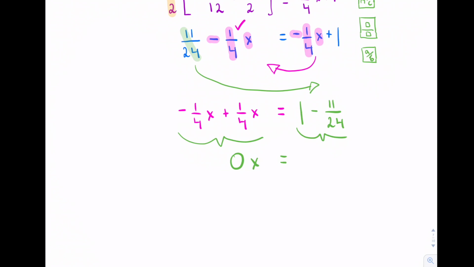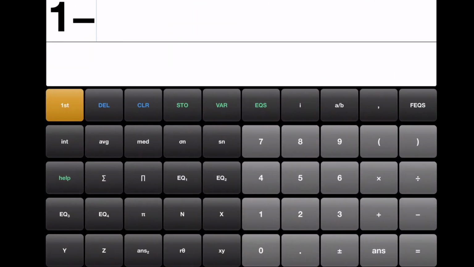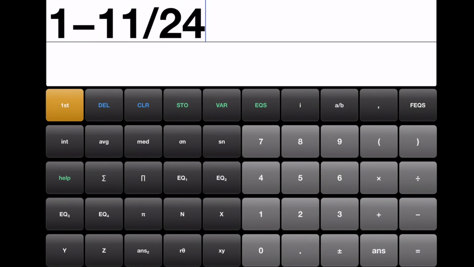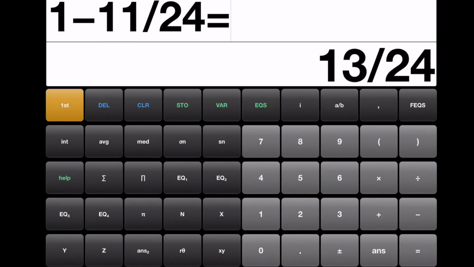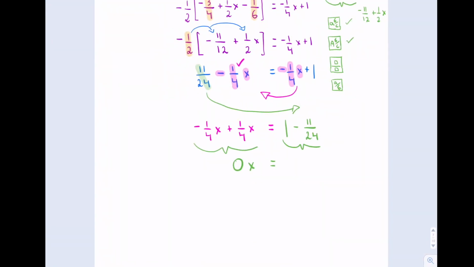You can try it. For that, 1 minus 11 over 24, you can use your fraction button there, so it's 13 over 24. You can do it in your head as well.